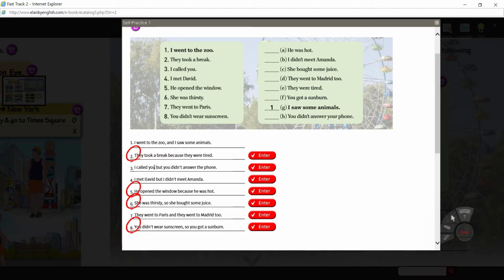So I called you. Same with but, it's a conjunction, so the subject and a verb afterwards. The rule is you put a comma right there. But again, it's not a very strict rule.